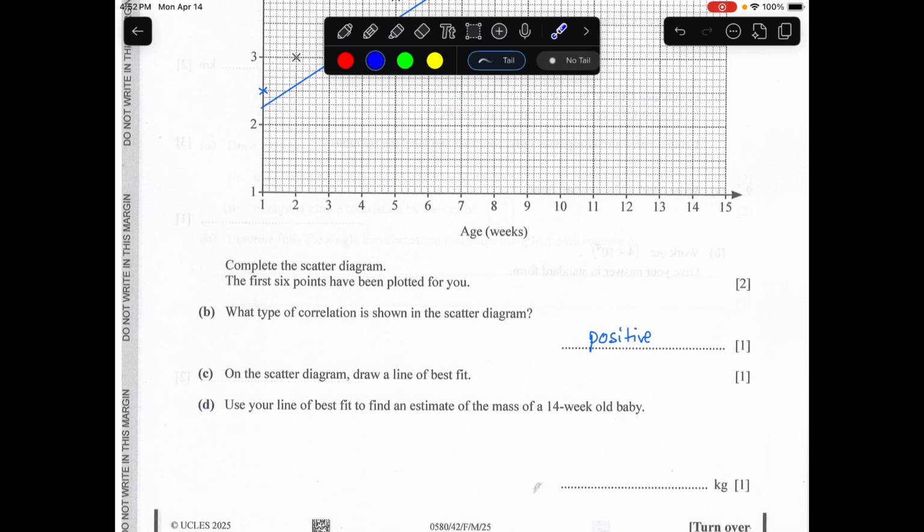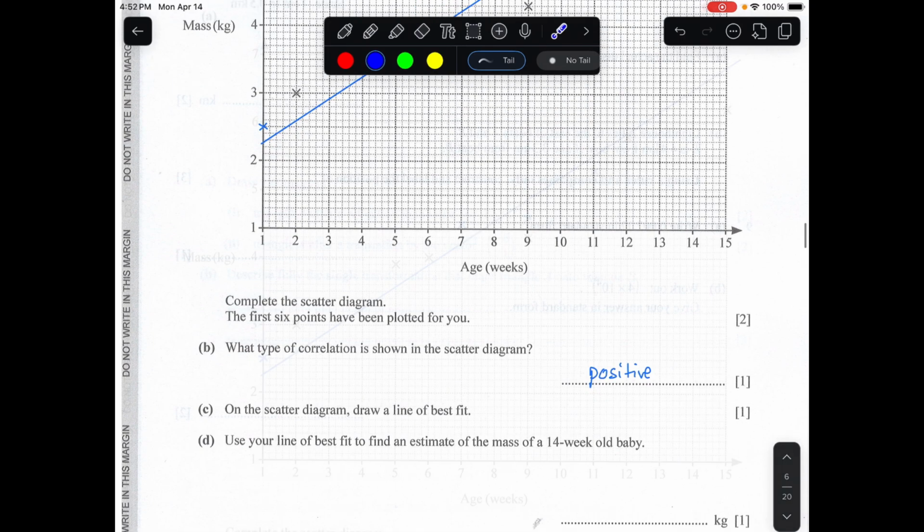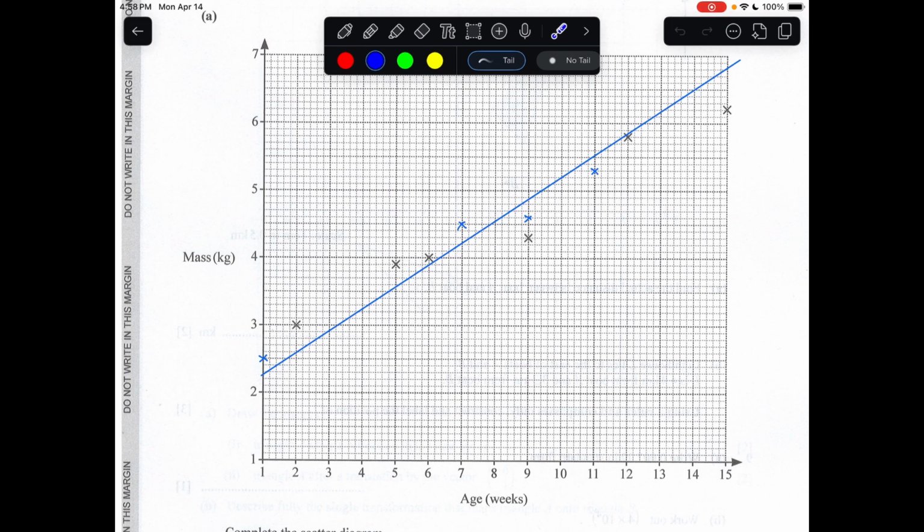Use your line of best fit to find an estimate of the mass of a 14-week-old baby. So we go to 14, so we are here and then we look across. Yeah, you have to make use of a ruler. So go to 14 and look across and identify what is the mass of the child, a baby whose age is 14 weeks.